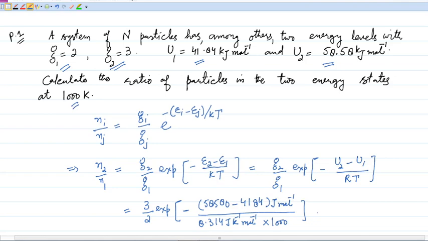First you have to solve this and take the exponential by using the exponential function from the calculator, and its value comes out to be 0.201. So this is how a question is solved based on the ratio of particles in energy states at a particular temperature.